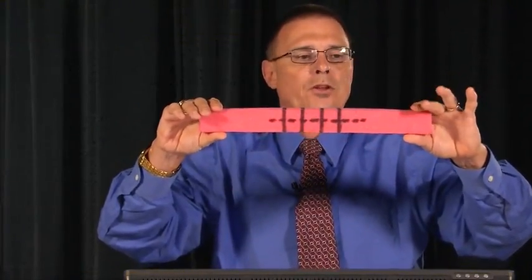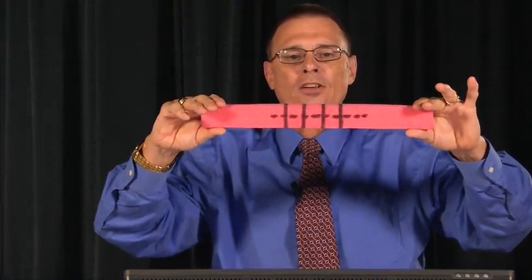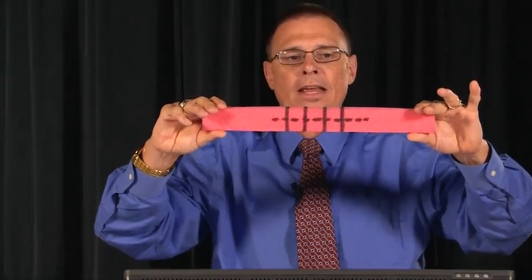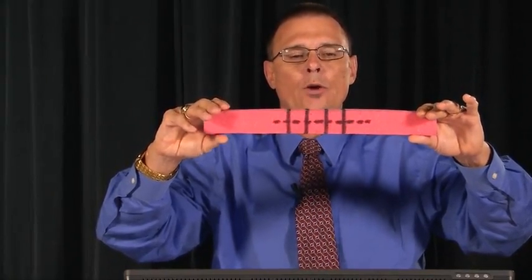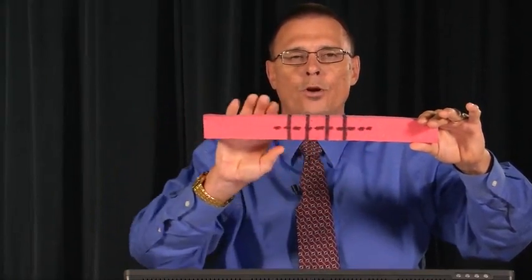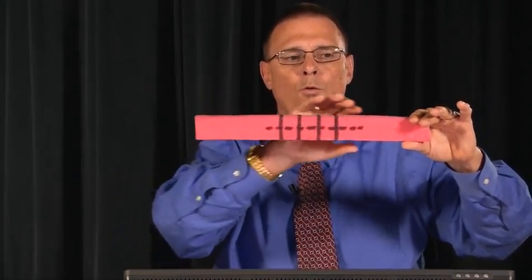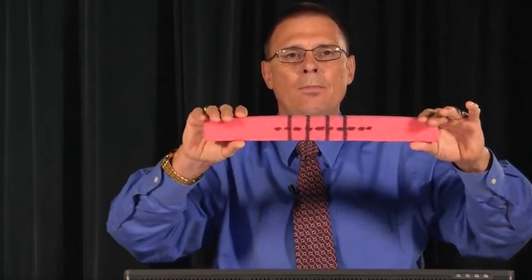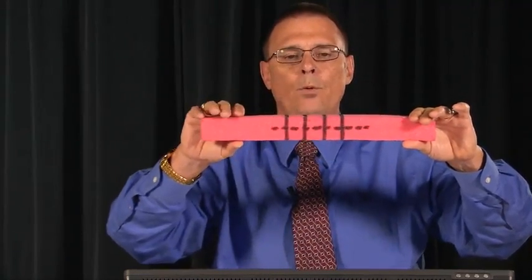So first of all, I want to look at this beam. This is a multi-force member, a beam. When I have external forces and moments applied to this beam, it's going to generate internal forces and moments along the length of the beam. And those internal forces and moments are going to be different at different points along the beam.